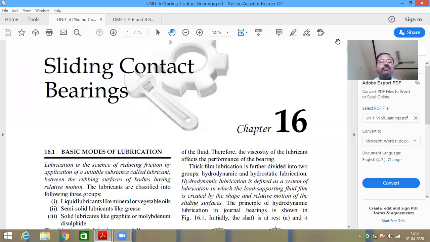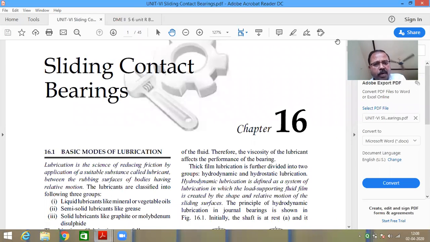So in other words, we are also calling sliding contact bearings as journal bearings also, right? Construction is quite simple. It is just like a bushing with inner diameter equal to the diameter of the shaft, which is going to be supported in that bearing, and there must be sufficient amount of thickness for that bushing. So the construction is quite simple for sliding contact bearings.